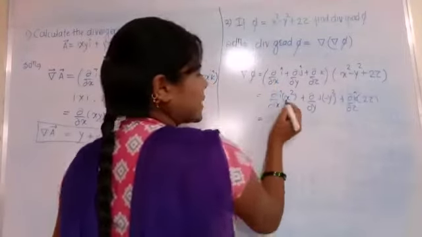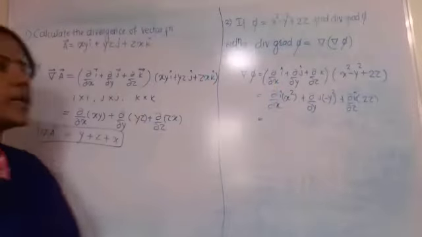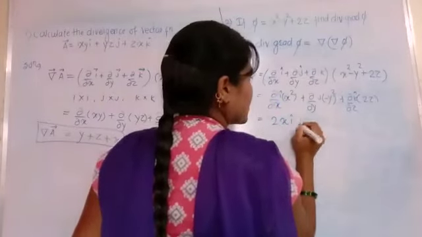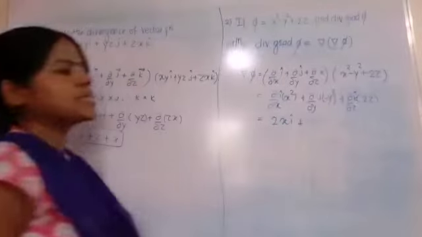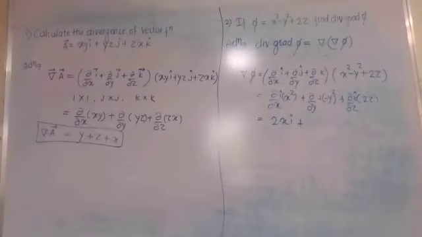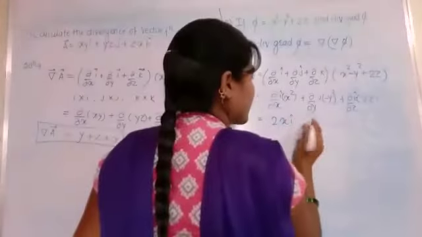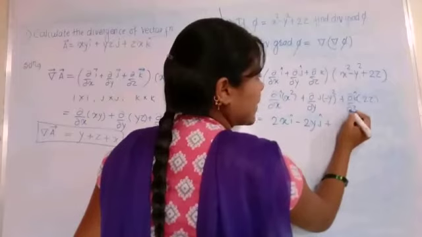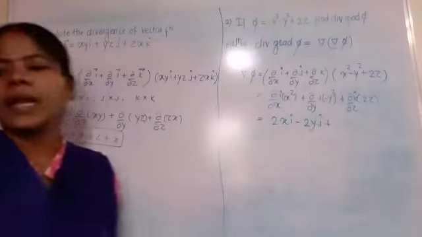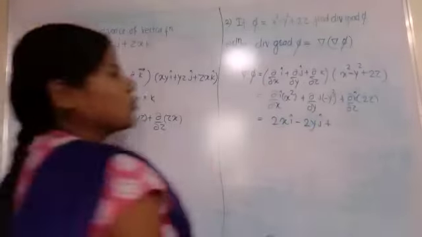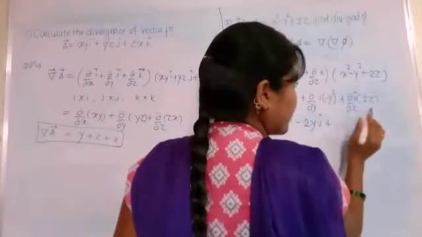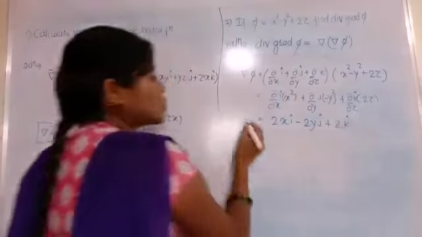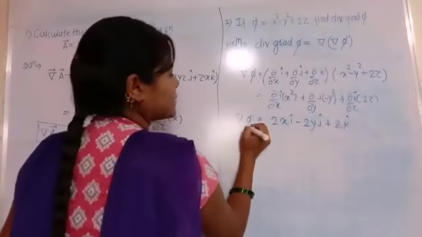So we get del by del x of x square, the derivative of x square, that is twice x i, plus del by del y of y square, that is twice y, and here is the minus sign, so we write minus twice y j, plus del by del z of twice z. We know that del z by del z is 1 into 2, that is 2 k. Okay, so this is the gradient of phi.